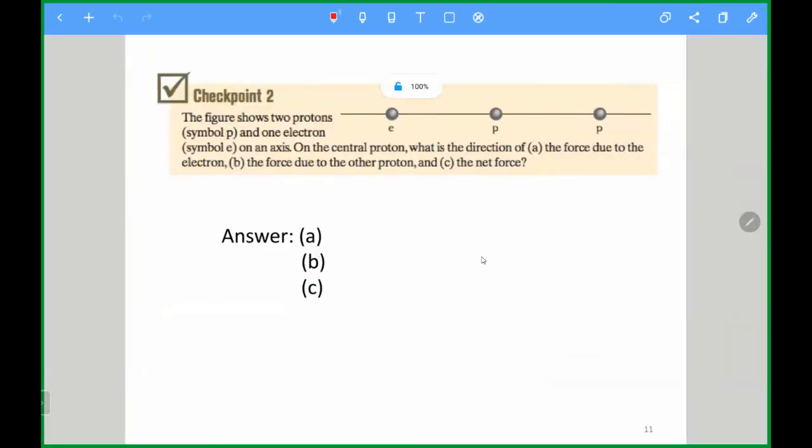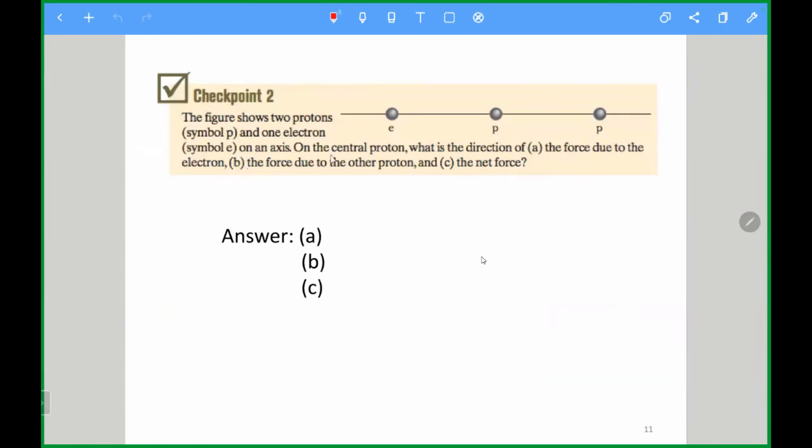Okay, so here is a quick checkpoint. It says the figure shows 2 protons and 1 electron on an axis.